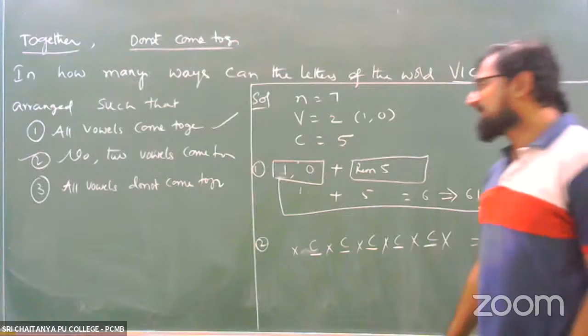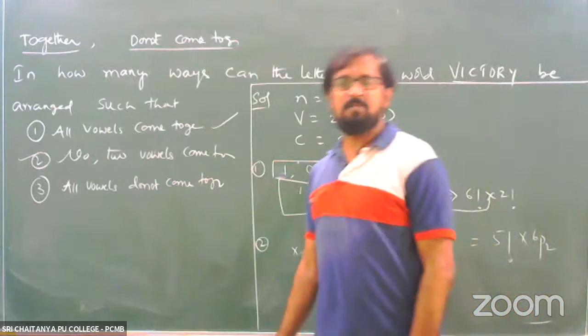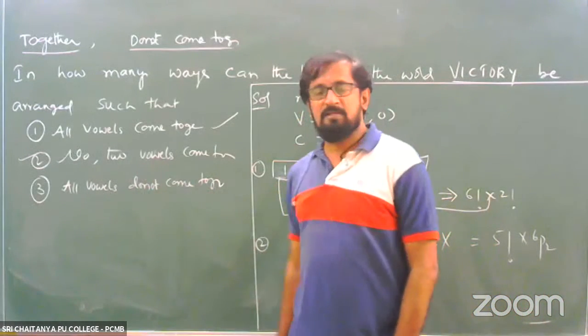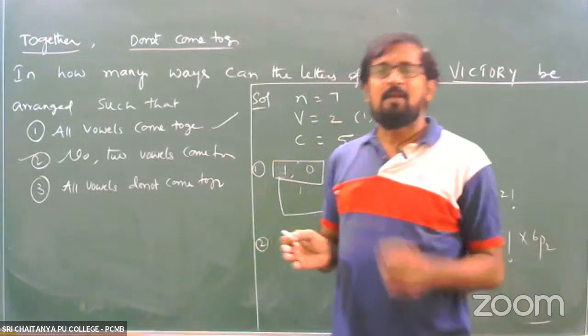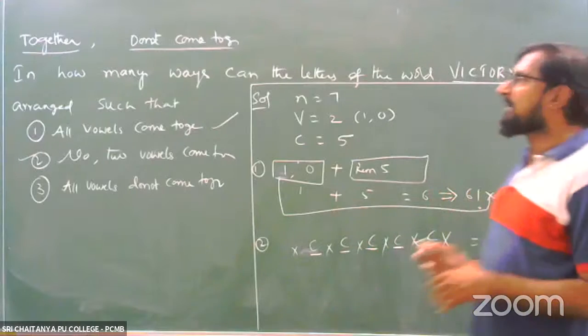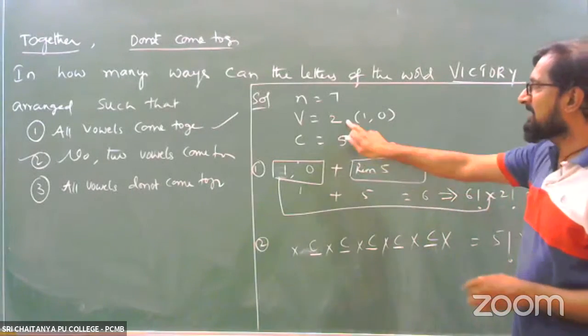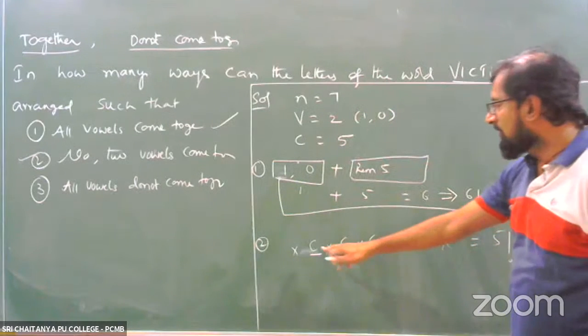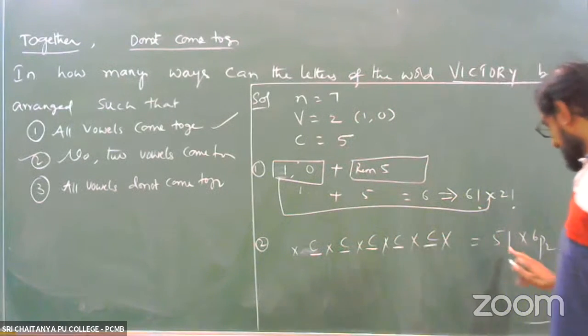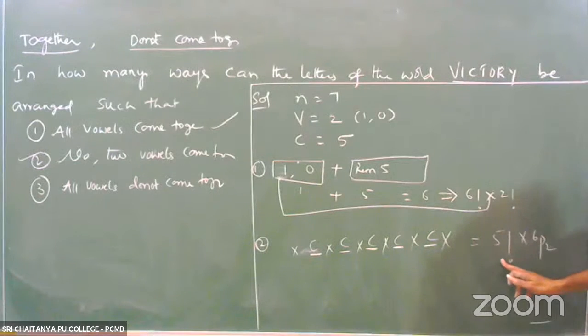I repeat the second problem explanation. No two vowels come together. You just keep that vowel quantity aside. Leaving that vowel quantity aside, we will have 5 different consonants. So 5 consonants can be arranged among themselves in 5 factorial ways.